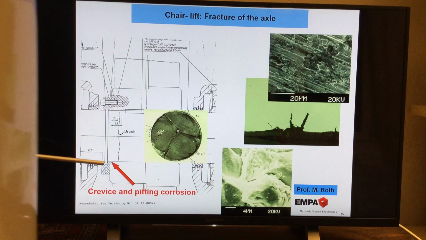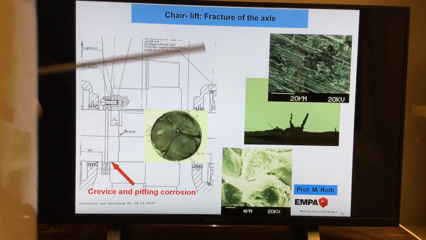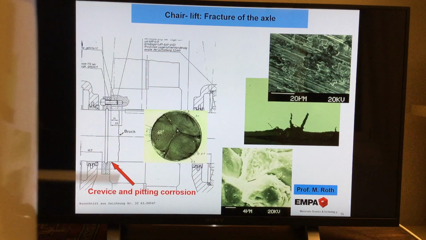So make it better, remove all this again. It's safe just with the shrinking, and they made it also with the future axles, with the future chairlifts, and nothing else happened anymore.